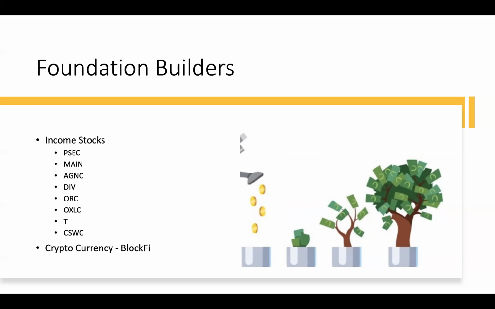So instead of getting 12 payouts, 1 every month, you would end up getting 14 total. Then there's AGNC. There's an ETF called DIV, which has a grouping of high yield dividend stocks that they maintain, and they're consistent about paying out monthly. ORC, OXLC, both monthly. AT&T pays quarterly, and so does CSWC.